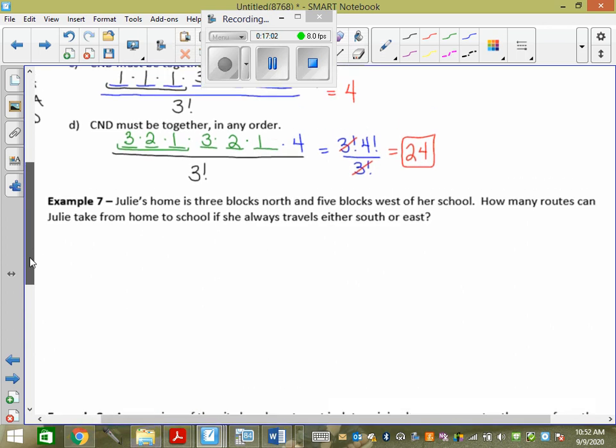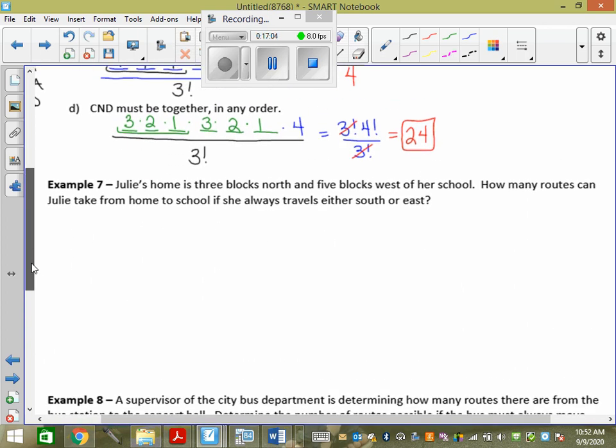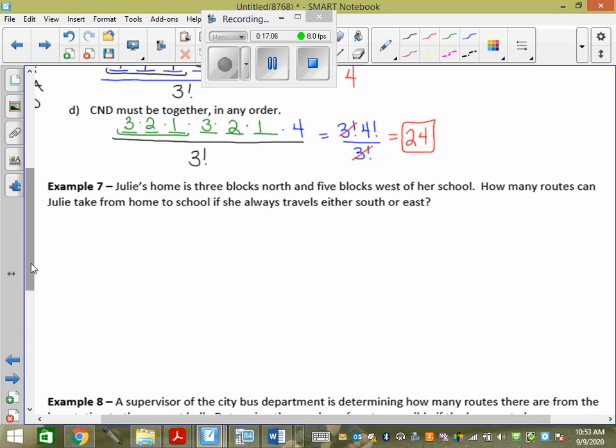Okay, example 7 is a little different. So example 7 says, Julie's home is 3 blocks north and 5 blocks west of her school.